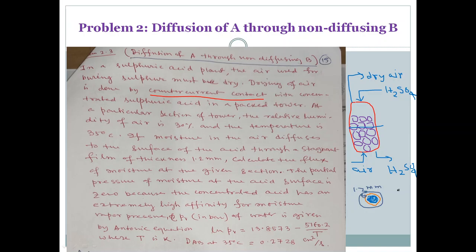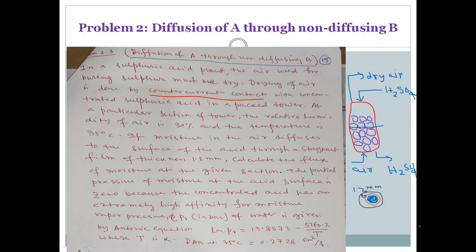That means there is one solid, the packing material. So liquid is falling from the top, so it will cover the solid material, and therefore there will be a solid liquid interface. And gas is coming from the bottom, and what will happen?